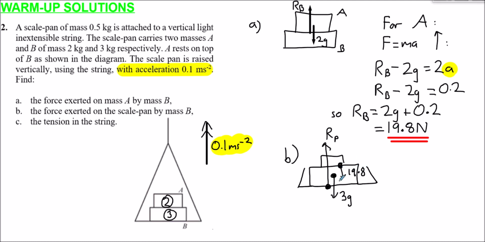So these are the forces acting on B. Reaction from the scale pan, its own weight, and the normal reaction from A above it. So what we can do here is we can consider forces vertically.